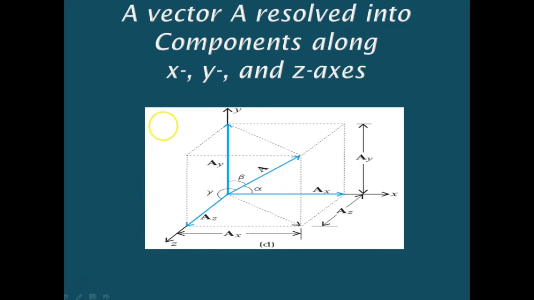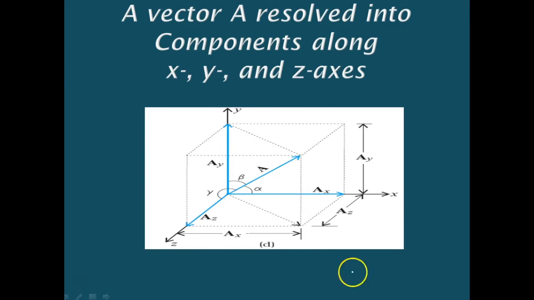So the same procedure can be used to resolve a general vector A into three components. If you consider three dimensions, not only a plane, then we can resolve vector A along three axes, that is along the x-axis, y-axis and z-axis.